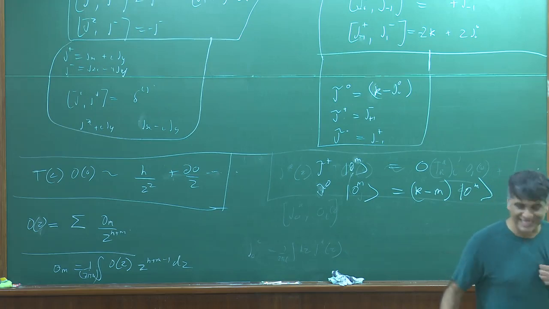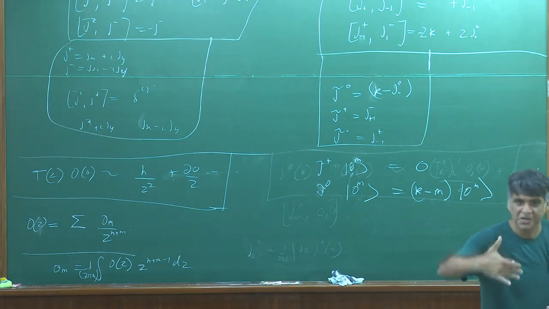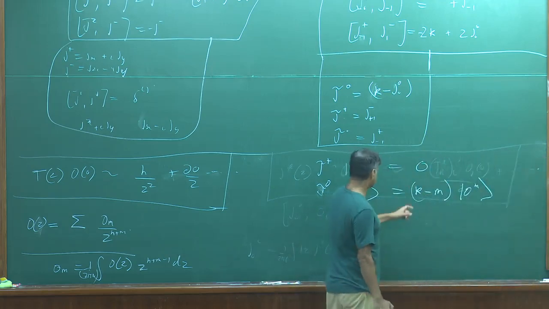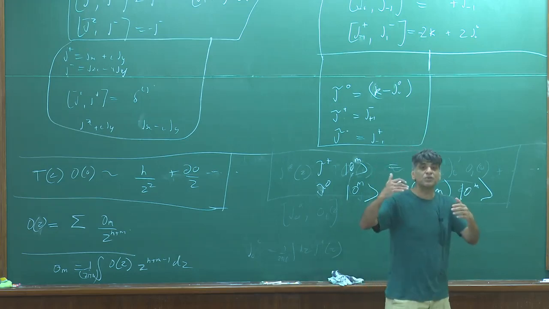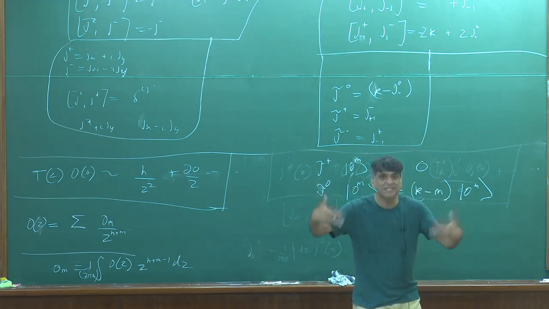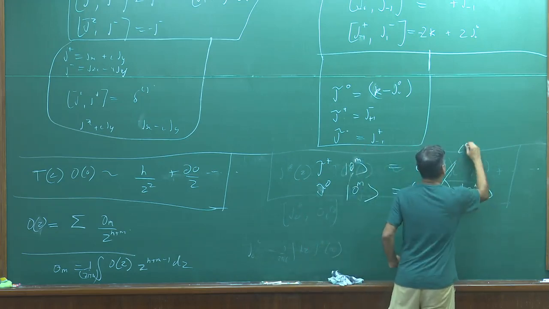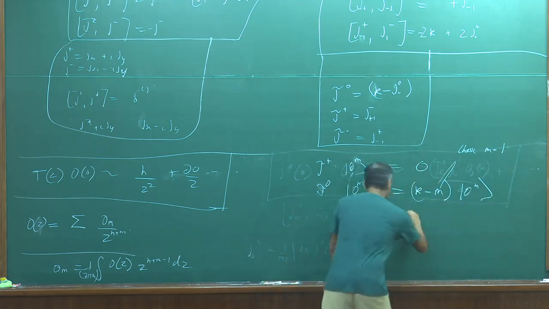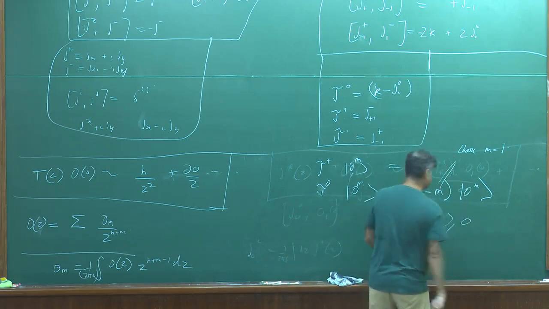Every highest weight state has to have a J_z value which is 0 or positive. Okay? So now, for this problem choose m to be the largest it could be, namely j, to get the most severe constraint. So let's choose m equals j. So we come to the conclusion that k minus j is greater than or equal to 0.